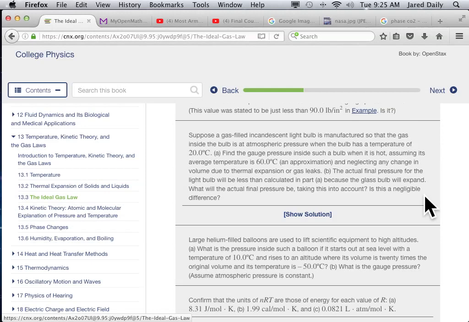So if you put in the pascals, how do you get the gauge pressure?